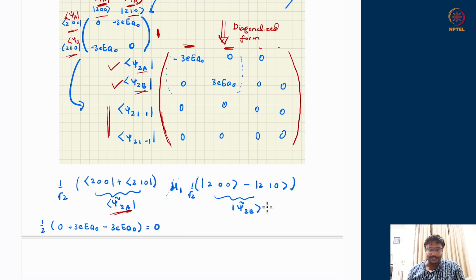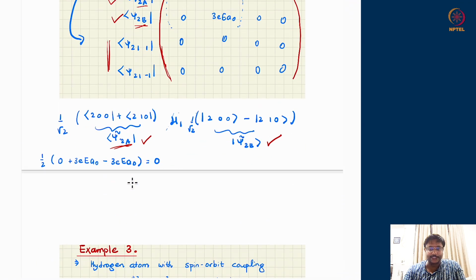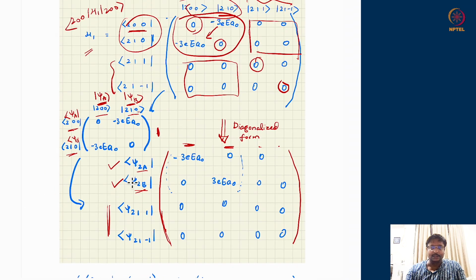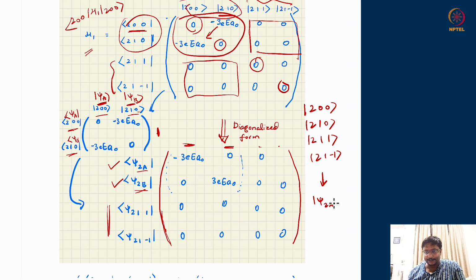If I declare psi 2a and psi 2b as my basis, effectively the four states of the hydrogen, 200, 210, 211, 21 minus 1, are replaced by psi 2a, psi 2b, 211 and 21 minus 1.